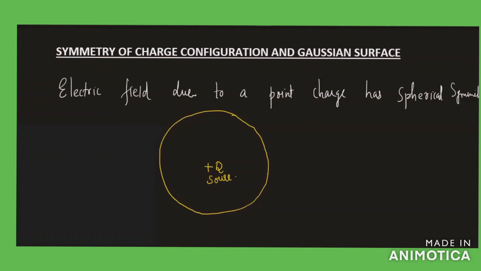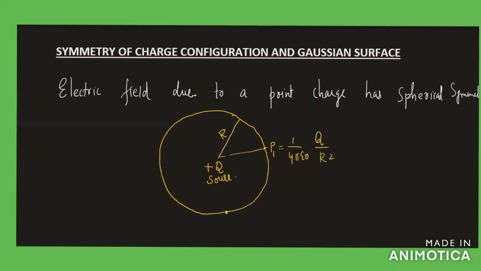Okay. So if this spherical surface has radius capital R with the plus q charge at the center, the magnitude of the electric field at a point P1 is given by 1 by 4 pi epsilon 0 q divided by the distance square. Distance here it is r square.